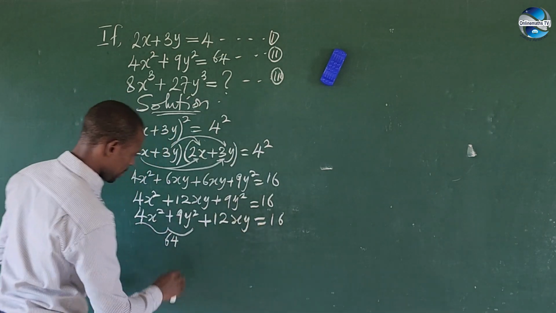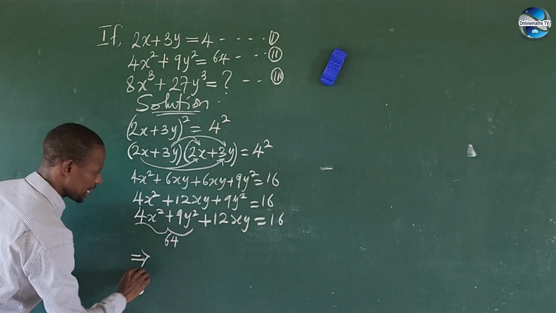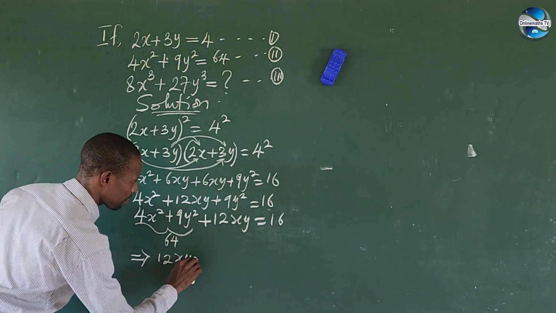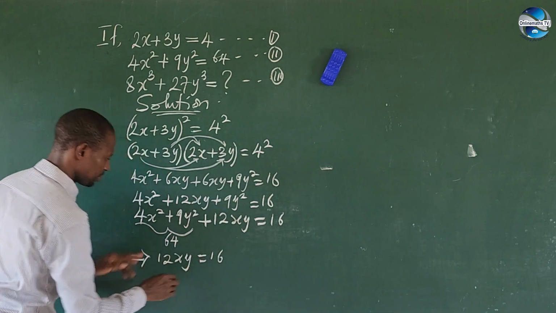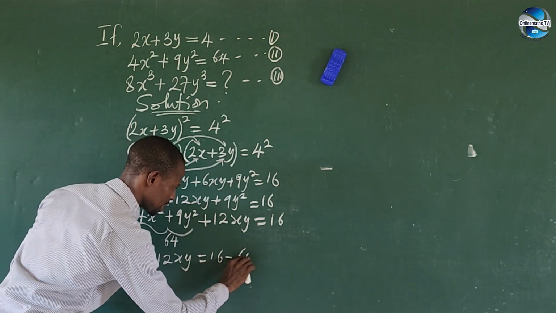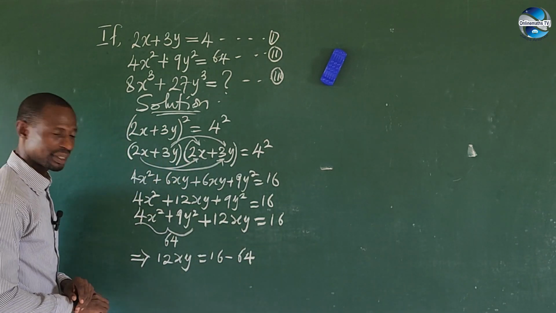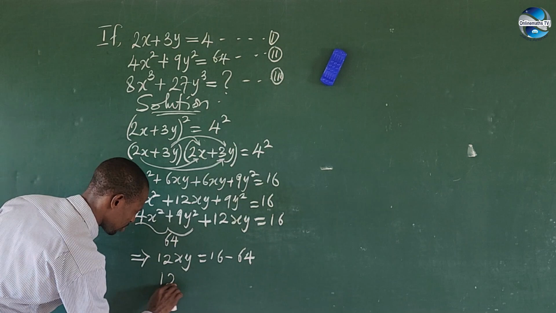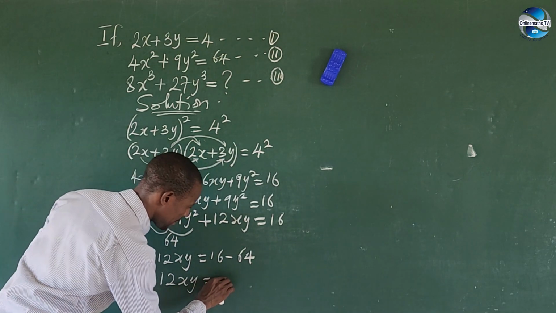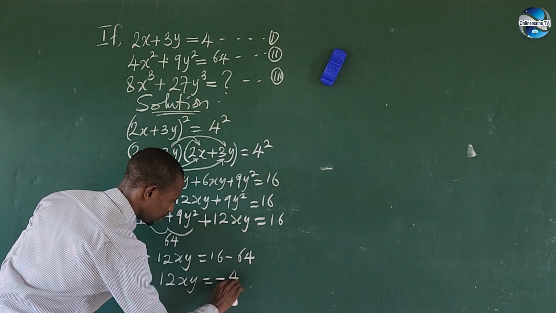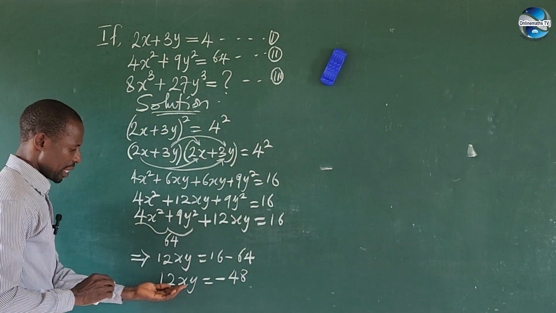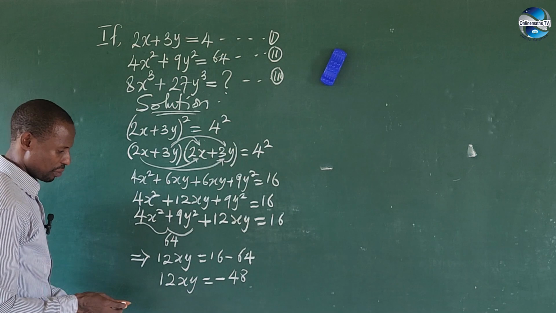So 12xy is equal to 16, and moving this to the other side of the equation, we have minus 64. So we now have 12xy is equal to minus 48.